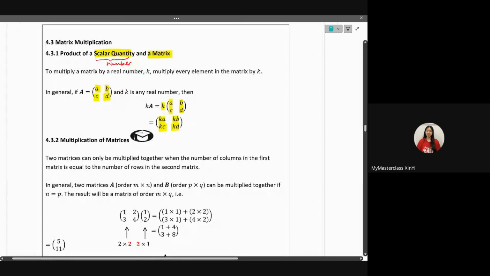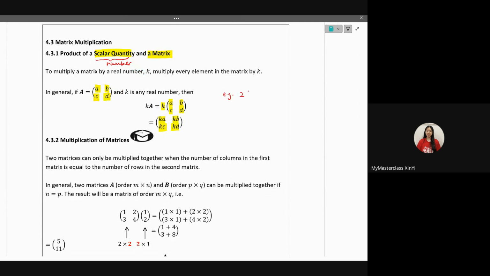So let's say, for example, if you are given something like 2 multiplied by the matrix 2, 1, 0, 3, 4. Okay, so this 2 is not a matrix. When you don't see a bracket, this is a scalar, or what we call a number.